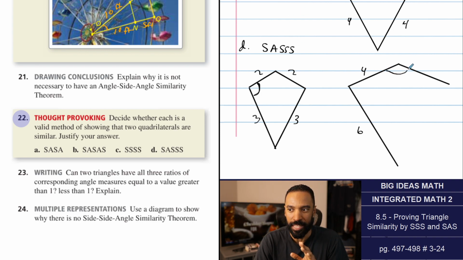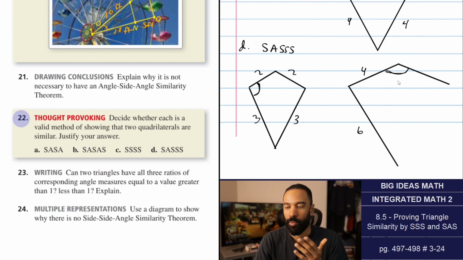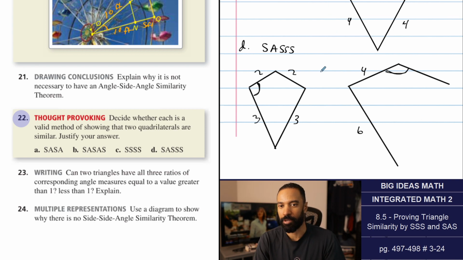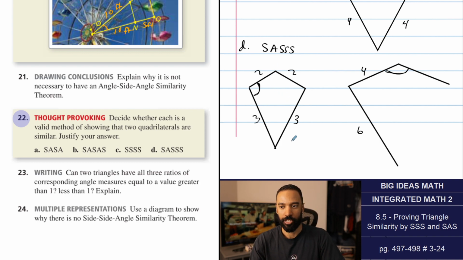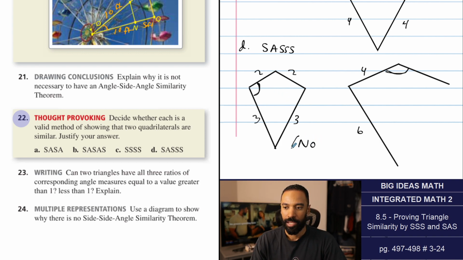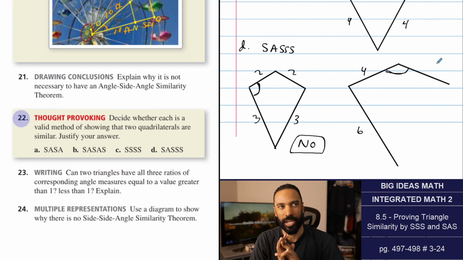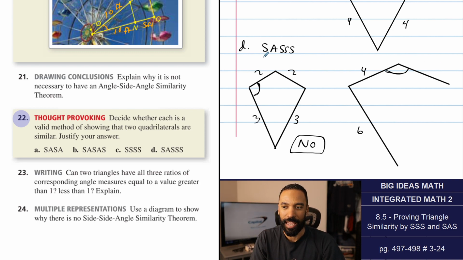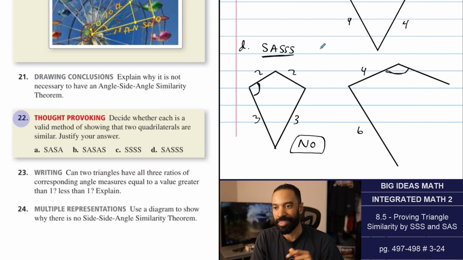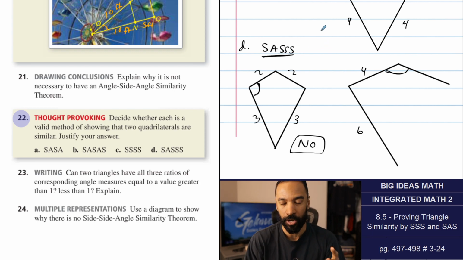So, for example, it can be these angles that are congruent here, which can then totally morph your kite, right? So I feel like because of that, that would be a no. It's not that they have to correspond in terms of orientation like that, because the angles could be in different spots and therefore the kite can change. This is not a quadrilateral similarity statement. This is a justification for similarity in quadrilaterals.